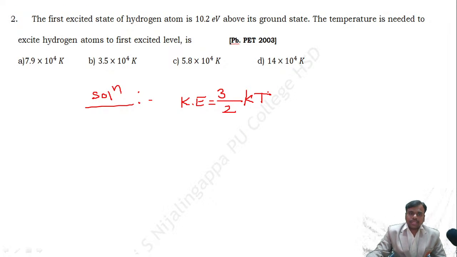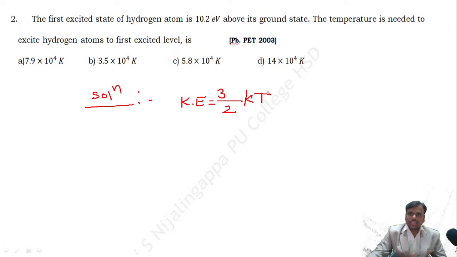But here kinetic energy means the energy of the electron in the first excited state, that is 10.2 electron volt, which must be converted to joule, because joule is the SI unit. And here k is the Boltzmann constant. We know the Boltzmann constant value is 1.38 into 10 to the power of minus 23 joule per Kelvin.